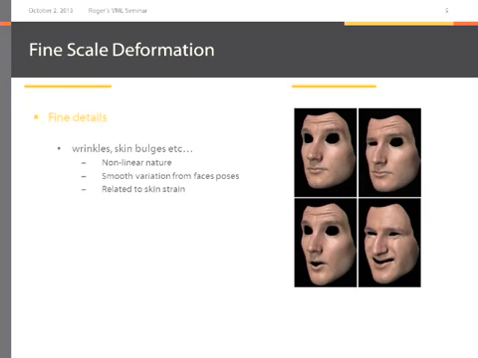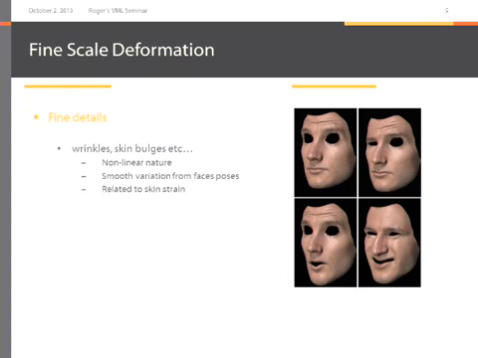So the key observation that they make is that these fine details are associated with a specific pose. If I raise my brow, then the skin will wrinkle in a specific way. And then if I do the same pose again, the wrinkles should be the same. So they associate these fine scale details with a specific face pose.